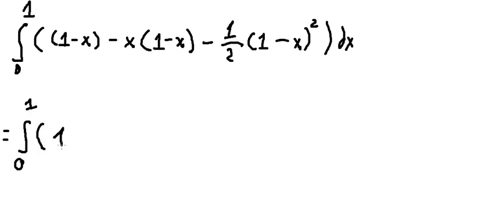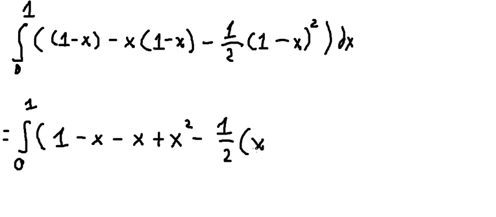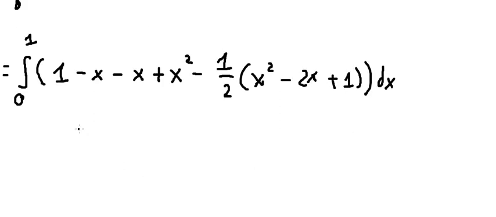Now we need to expand everything in here. So we have 1 minus negative 1 over 2 of number 1 in here.